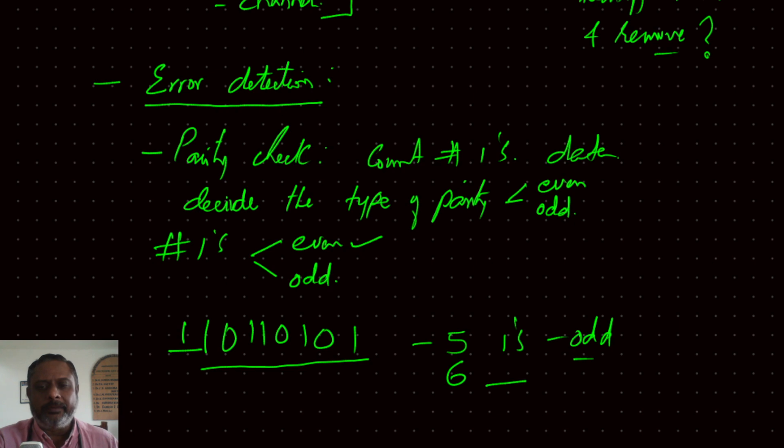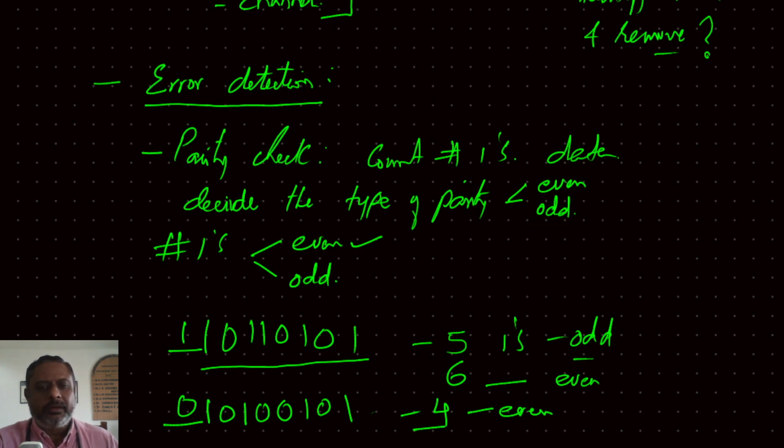That way the data now looks even parity. And if the data already had 1, 2, 3, 4 ones, that means it is already even, then you make this extra bit 0 so that it still remains even.